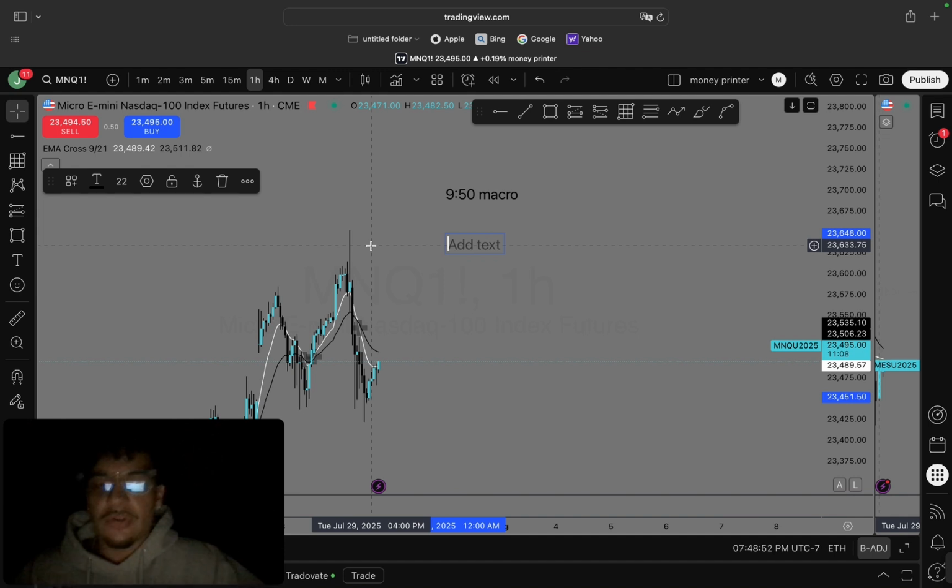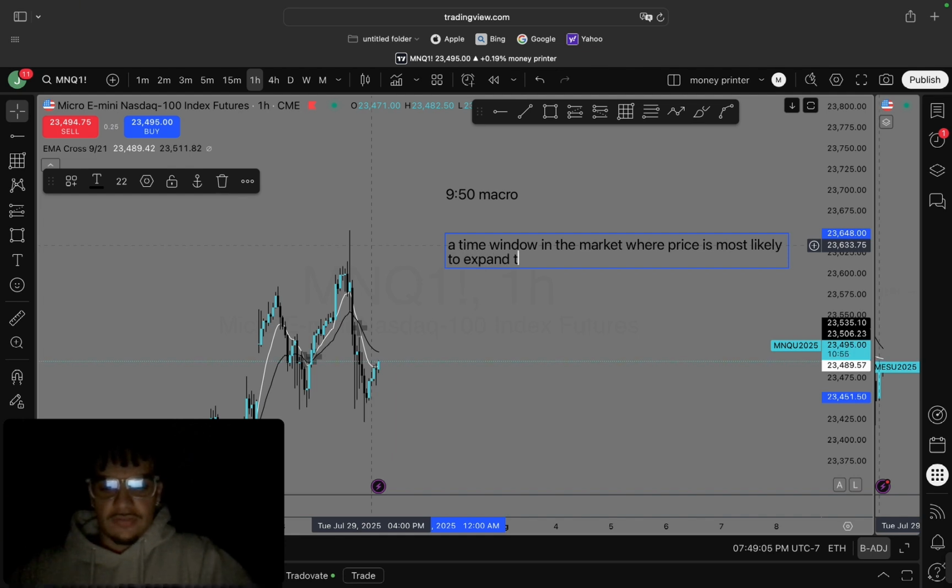So the macro is a time window in the market where price is most likely to expand towards draws in liquidity, right?